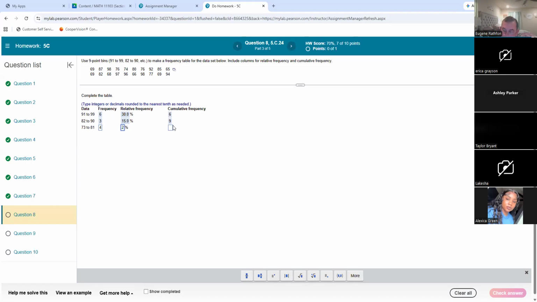So 20.0. And then cumulative frequency for the third row. 13. There we go.